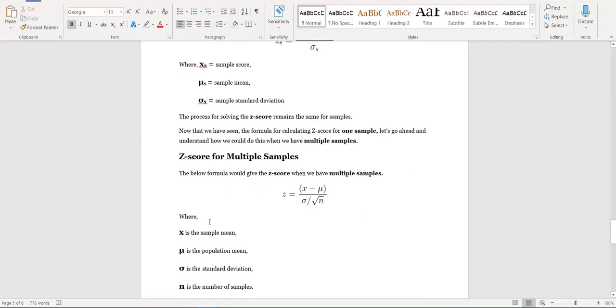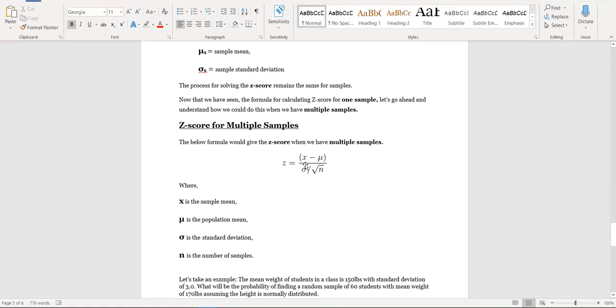So now suppose we have multiple samples and we want to determine the z-score for that. So the formula for that will be shown here. X is the sample mean, mu is the population mean, sigma is the standard deviation, and n is the number of samples. So we have multiple samples, so n will be the number for those multiple samples.